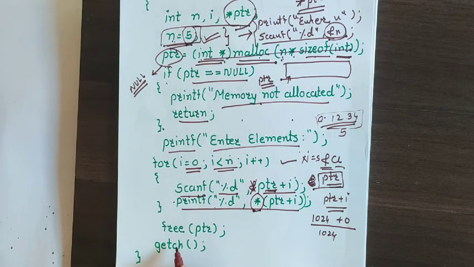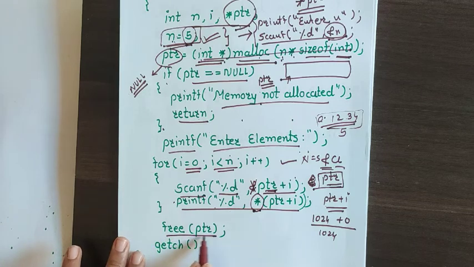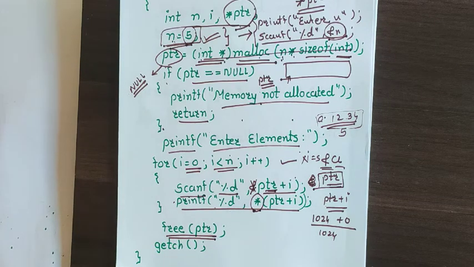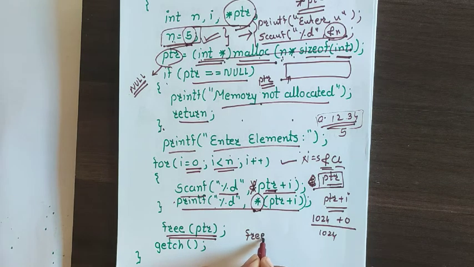Now here one more important thing, that I have done free ptr. Why do I need to do this? Free is another command of dynamic memory allocation. Your memory is allocated dynamically, but it is not freed automatically. Even if you close your program, it will not free up the memory.